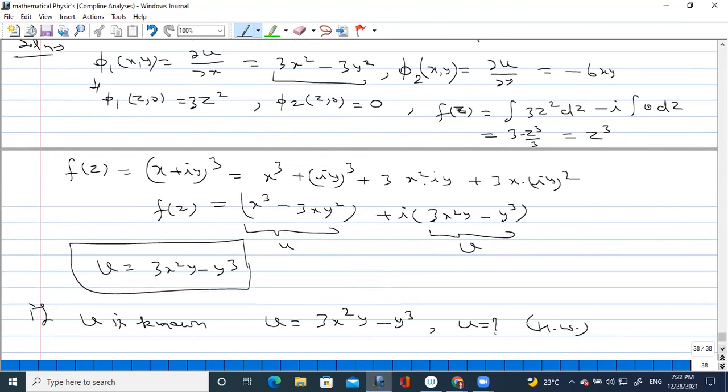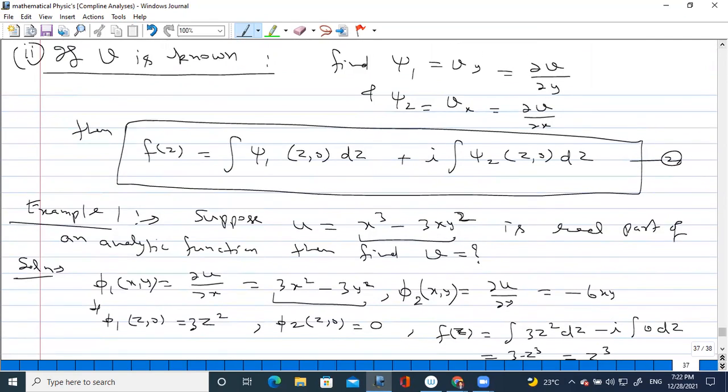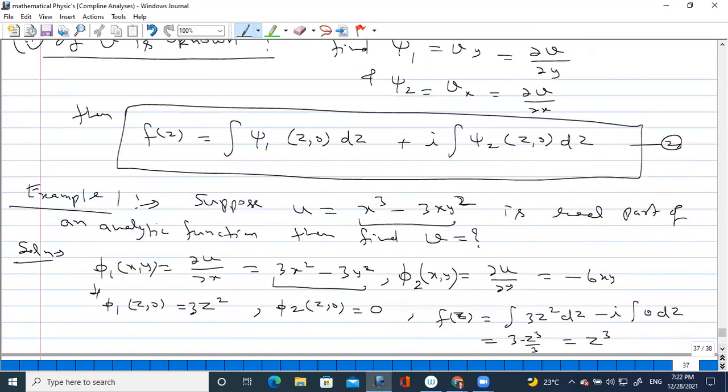Okay, do it. Now you can note down this page first.